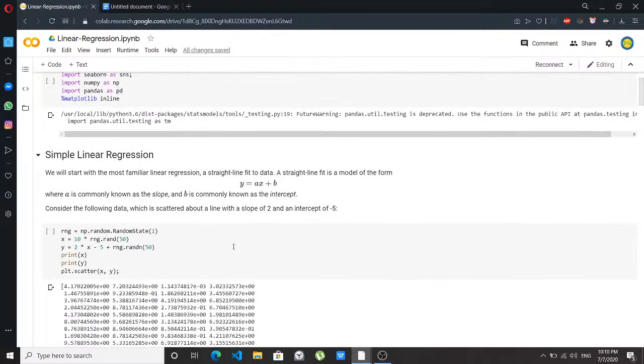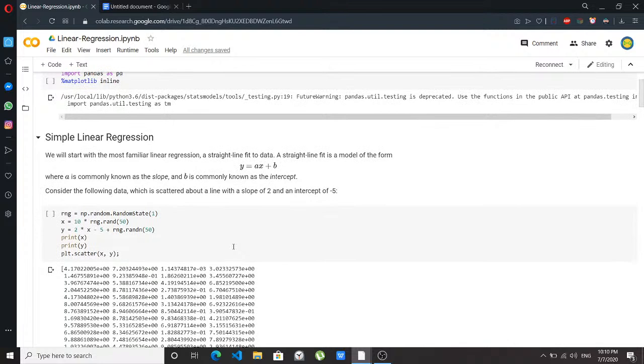For example, there are various factors to consider for the price of a house, like the location, how much the area is, and various other factors. These factors affect the price of the house.